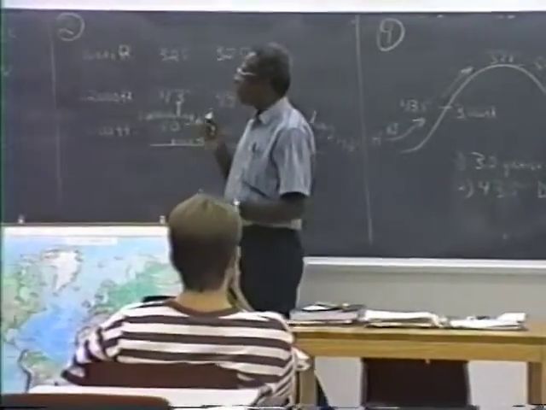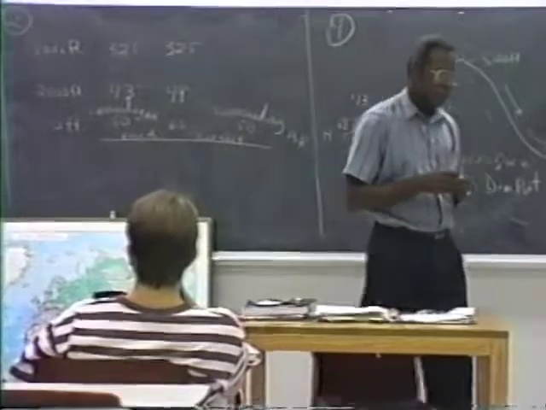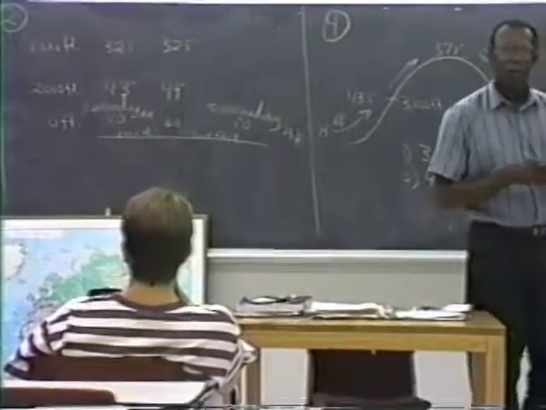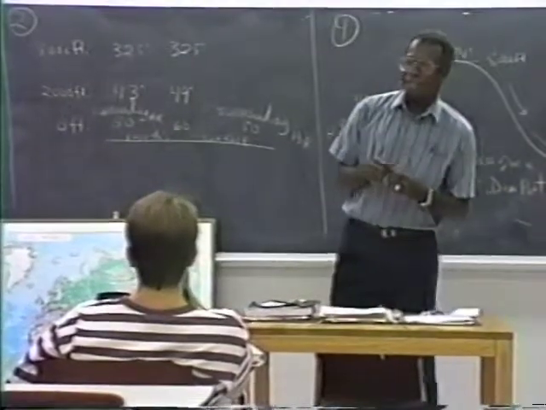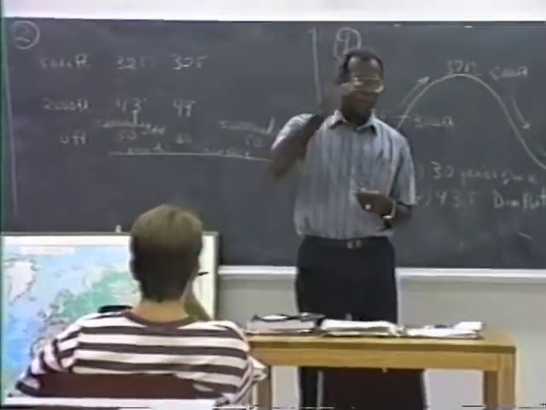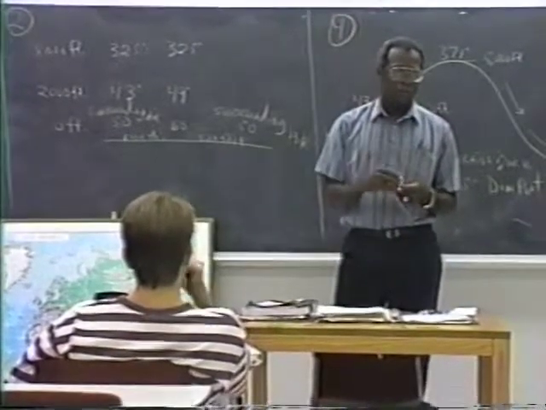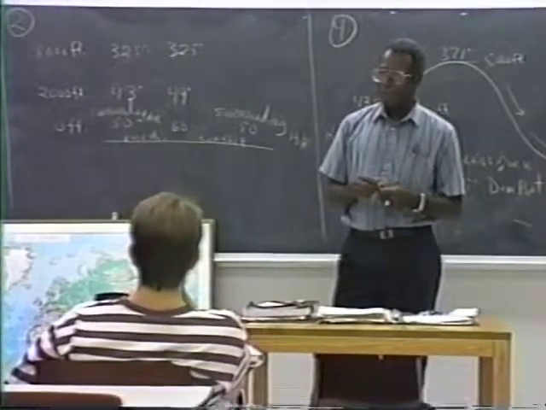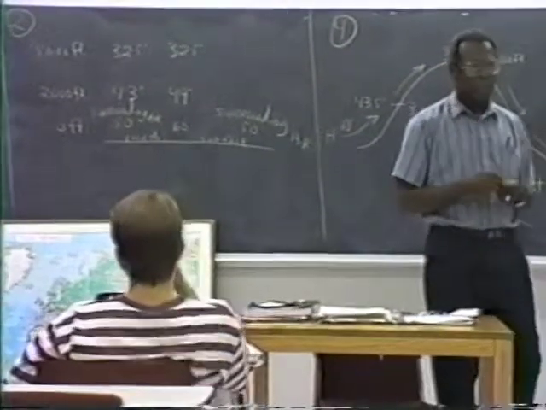Now, the air cools off, and we talked about the fact that in the troposphere, the air cools off at a rate of 3.5 degrees Fahrenheit per 1,000 feet. So for every 1,000 feet that the air rises, the temperature will go down on the average at 3.5 degrees Fahrenheit. We call this the normal or the average lapse rate.